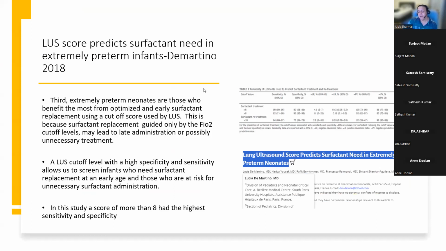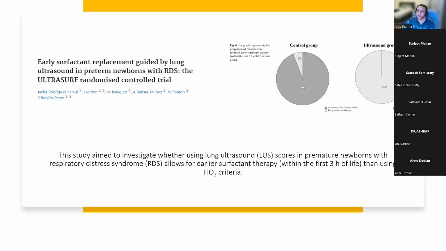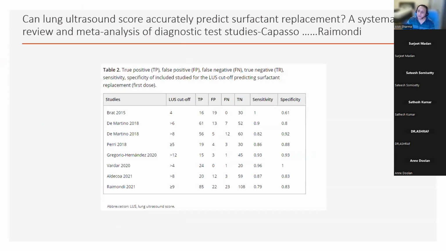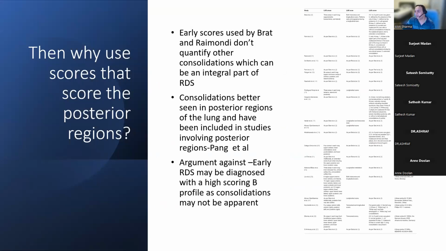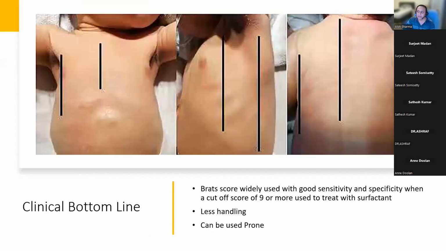It's been validated by work done by Raimondi in their study, following a very similar scoring system. And what I'd say is that it's the most common scoring system used in units around the world at the moment. There's just one drawback that I'd like to point out to you, which is that you must always clinically correlate.